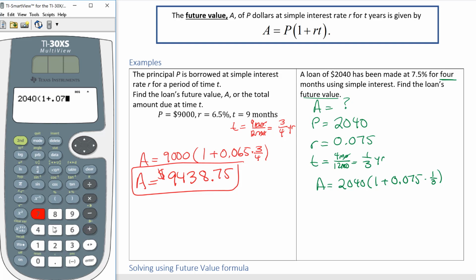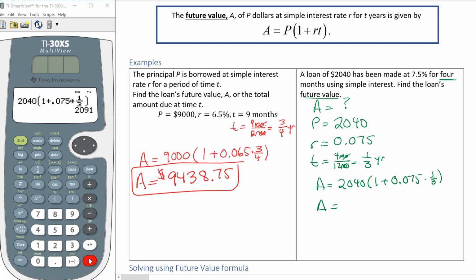If you need to use the other methods, that's fine. And that gets us $2,091, which is going to be the loan's future value.